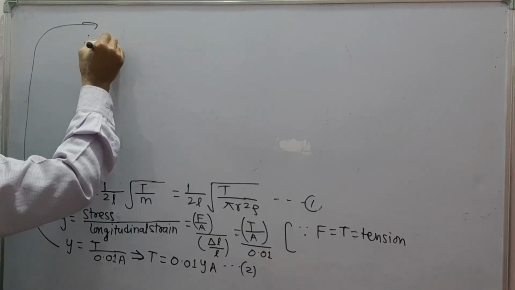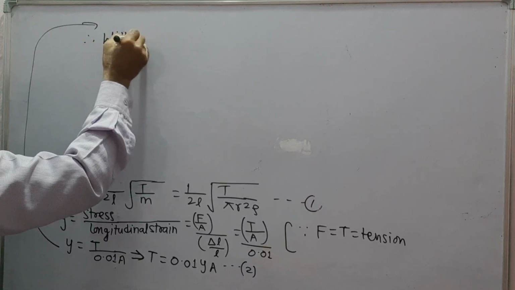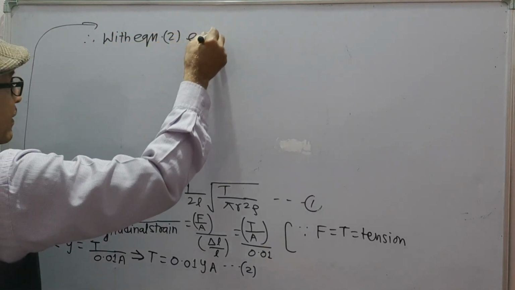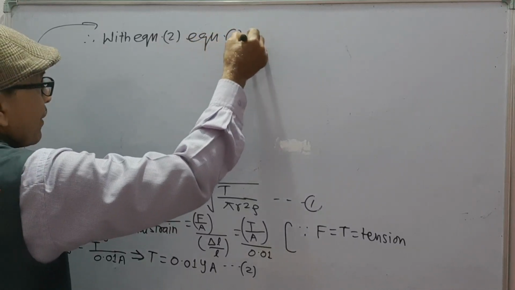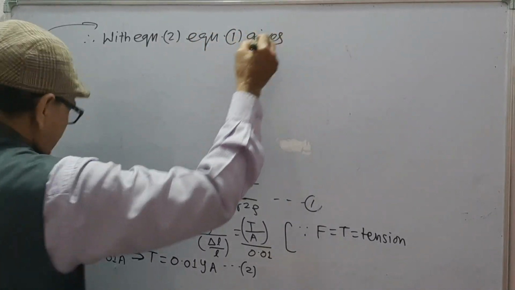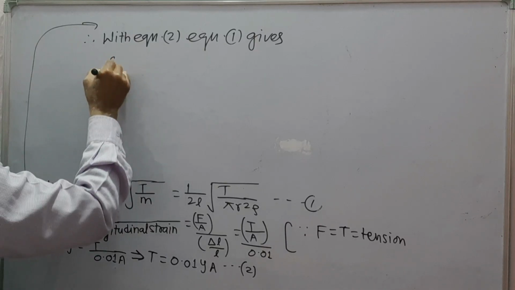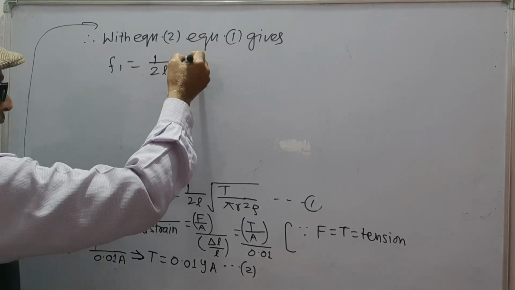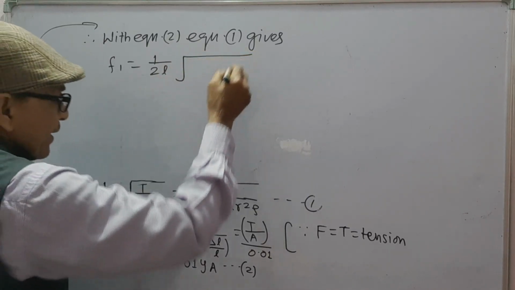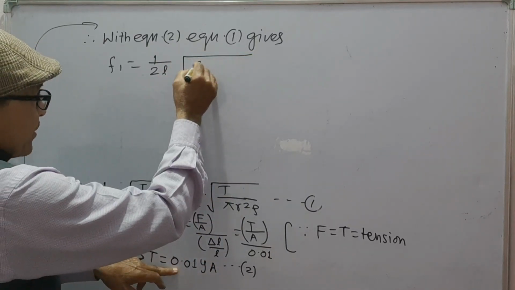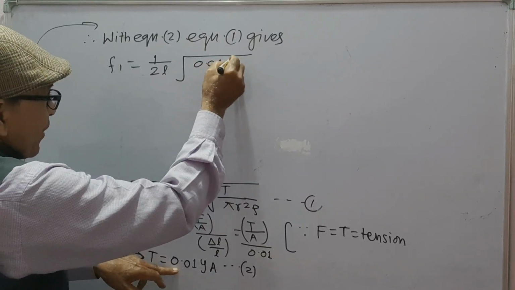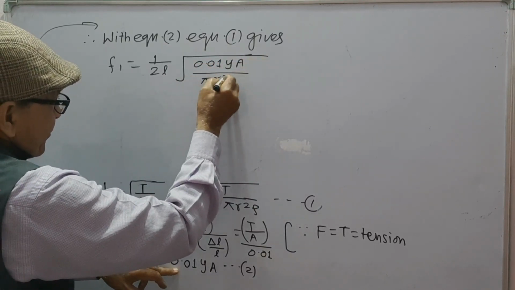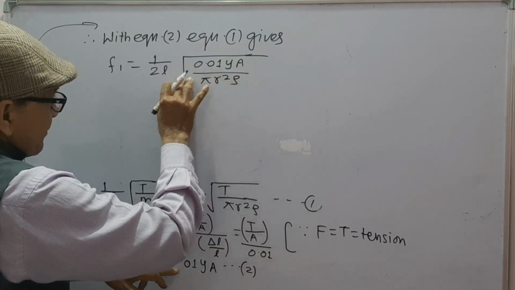Therefore, equation 2 with equation 1 gives F1 is equal to 1 upon 2L under root T, that is 0.01 Y into A, upon pi r square into density.